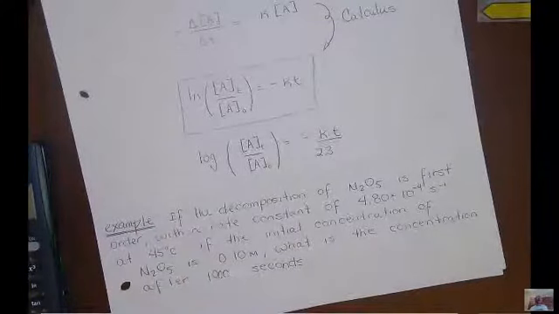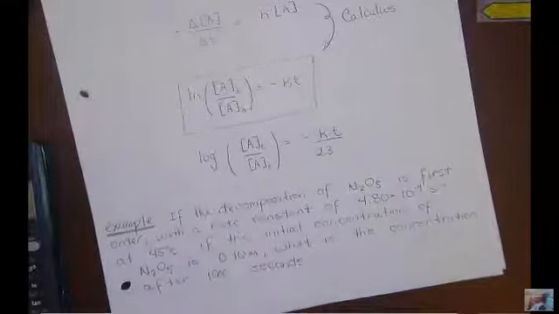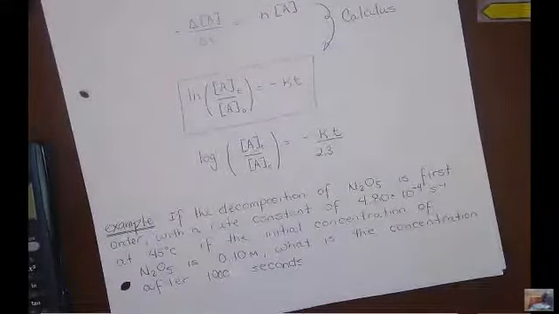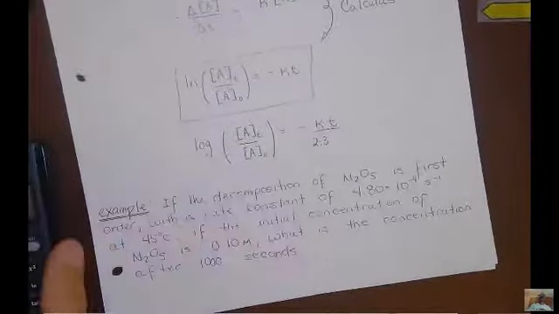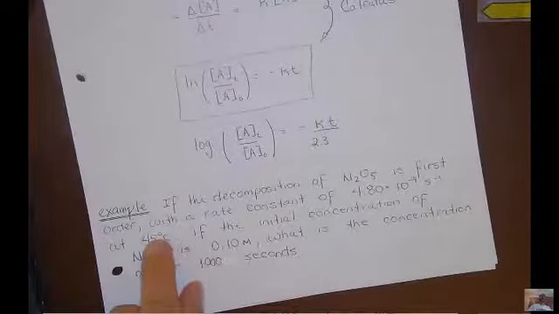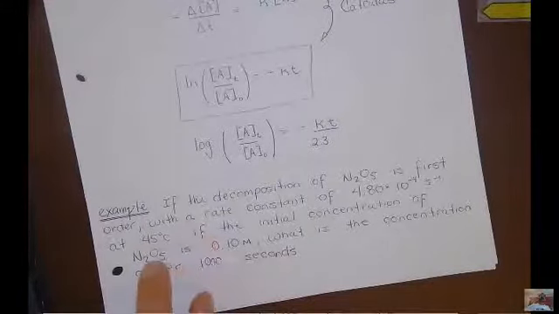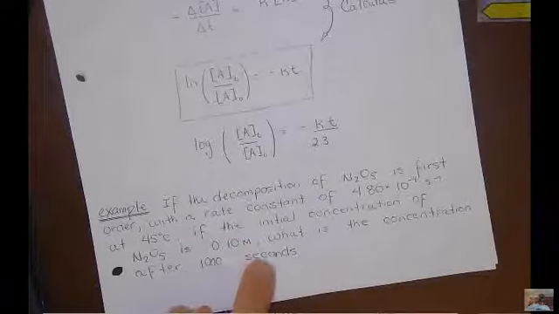Here's what the question says. If the decomposition of N2O5 is first order with a rate constant of 4.8 times 10 to the minus 4 seconds to the minus 1 at 45 degrees, and the initial concentration of N2O5 is 0.1, what is the concentration after 1,000 seconds?